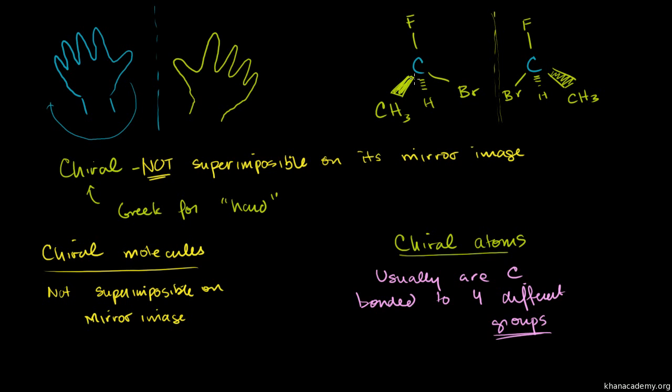Well, it's a bit of a visualization challenge, but no matter how you try to rotate this thing right here, you will never make it exactly like this thing. You might try to rotate it around like that and try to get the methyl group over here to get it over there. So let's try to do that. But if we try to get the methyl group over there, what's going to happen to the other groups?